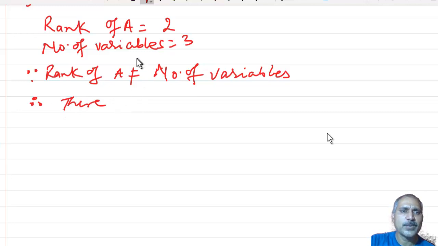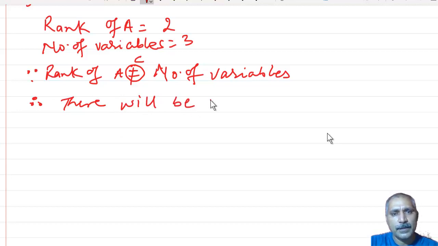We say this many times: rank of A is less than the number of variables. Sometimes we write not equal to, sometimes we write less than. So either you can use this sign, otherwise this sign, whatever you like. There will be infinite solution.